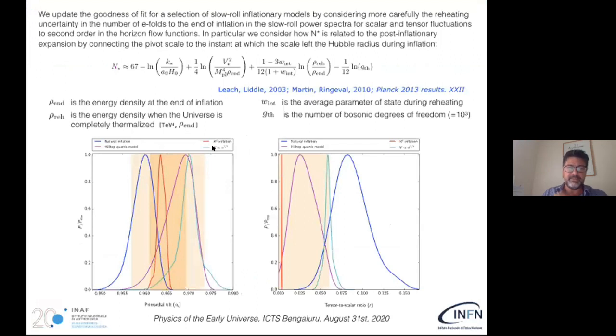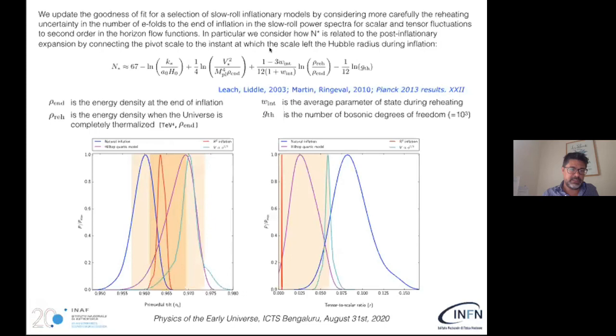To complement the visual impression of the n_s-r plane more rigorously at a statistically significant level, we have performed a comparison of theoretical predictions to second order in slow-roll parameters of a selection of representative simplest inflationary models with Planck data. We have considered uncertainty in the post-inflationary stage by allowing to vary the energy at which the universe thermalizes, and the average equation of state during the thermalization process, as also done by Jerome Martin and collaborators.